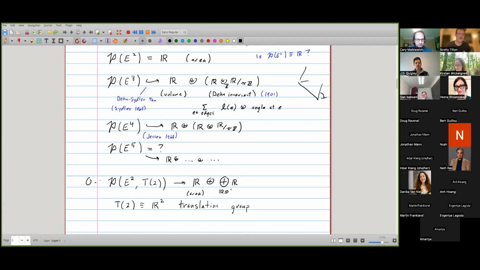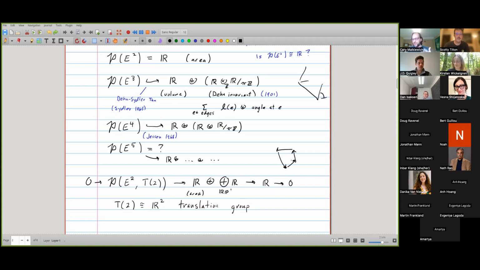And that turns out to be injective. And the cokernel of that is a single copy of R. Basically you take all these R's and you add them together to make one R. Because if you take the signed sum of the edge lengths, when you go around the polygon, their sum has to be 0. Because if you add these vectors together and it closes up to form a polygon, then the sum of the vectors is 0.